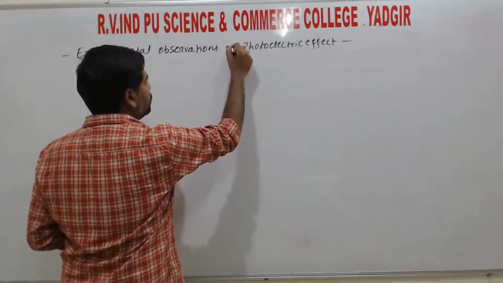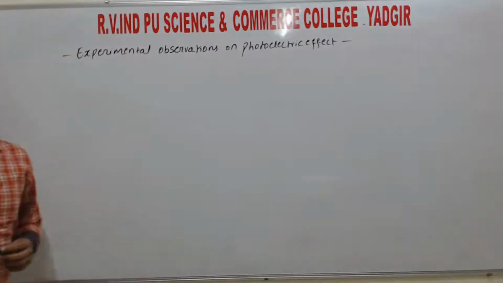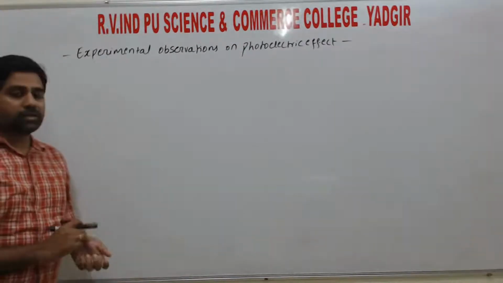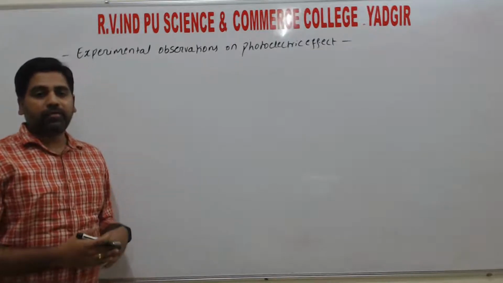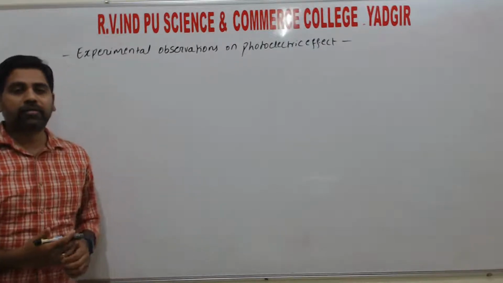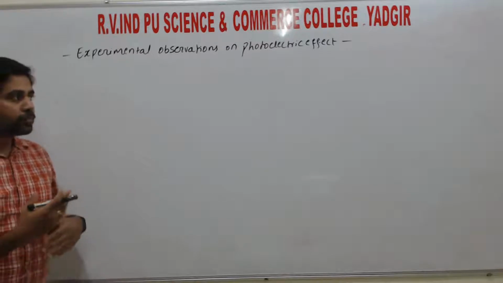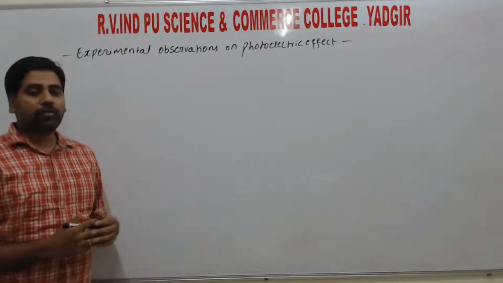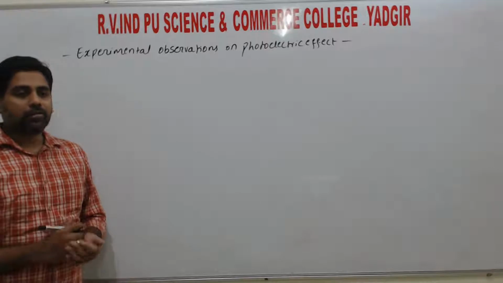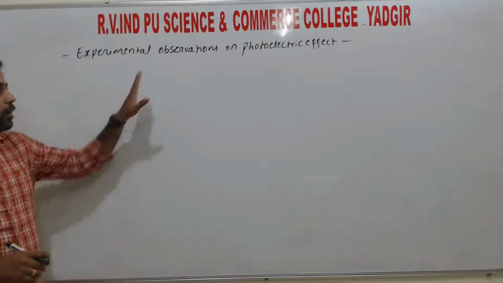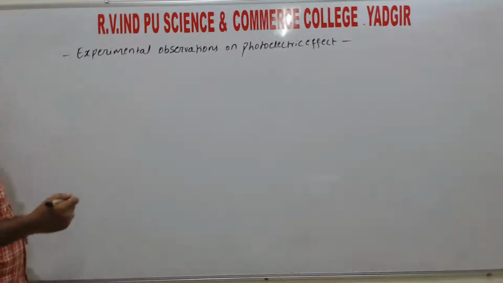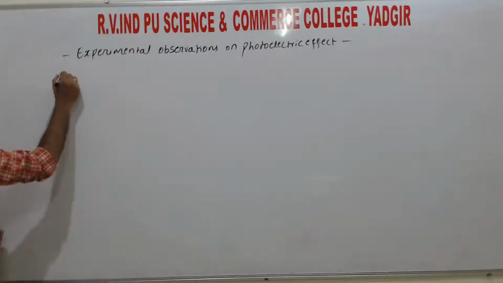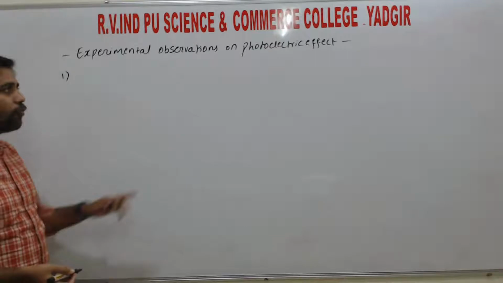We discussed how the photocurrent varies with respect to frequency, with respect to potential difference, and with respect to the material which we use for the photosensitive material. Those are the experimental observations we did.